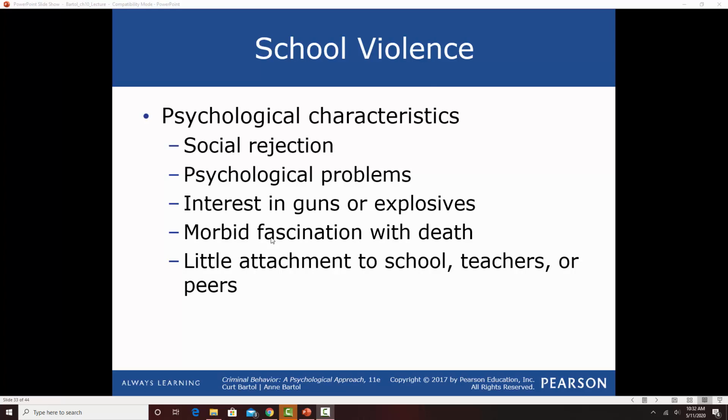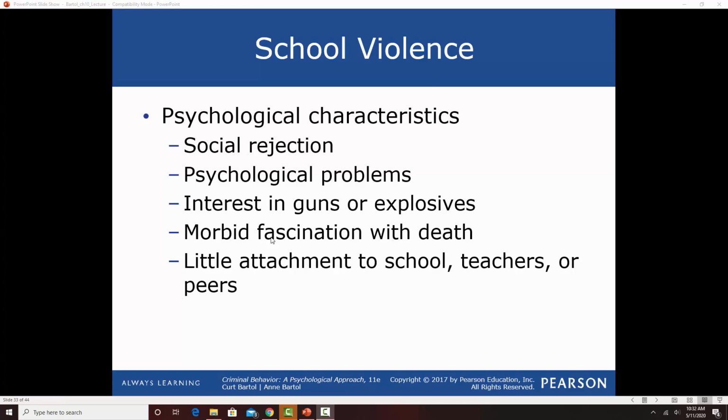Most have a history of psychological problems. So there's mental health issues. There's mental health red flags that, again, people didn't see. They tend to have no friends or very few friends. Again, no social support. They feel isolated and alone. Peer rejection and social rejection seem to be the two characteristics that are pretty consistent when we look at all school shooters.